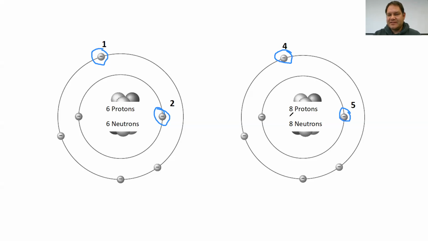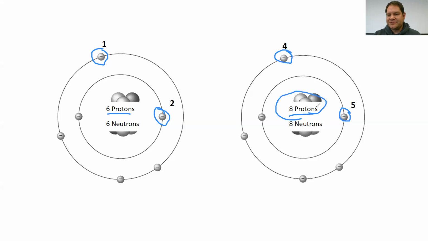And that is because electron 5 is facing a nuclear charge of 8. So 8 protons has a greater attraction for this electron than the 6 protons for electron 2. Okay, and that also applies to Coulomb's law.